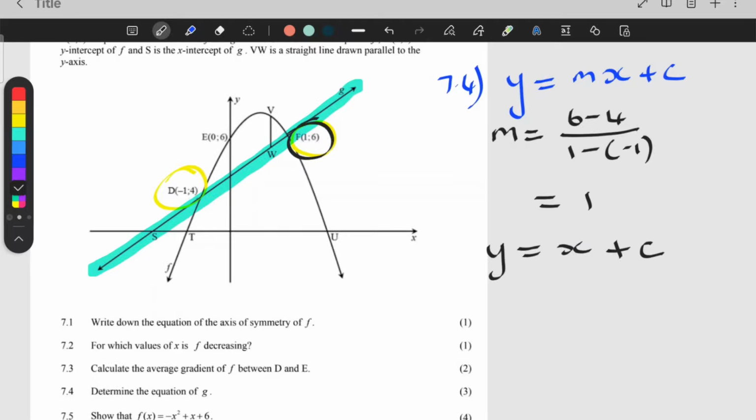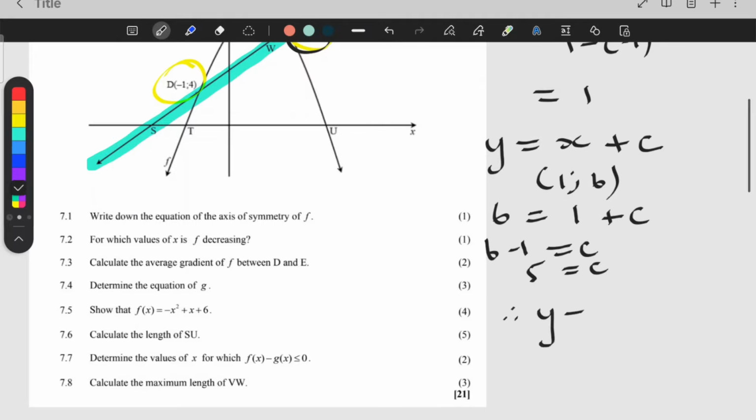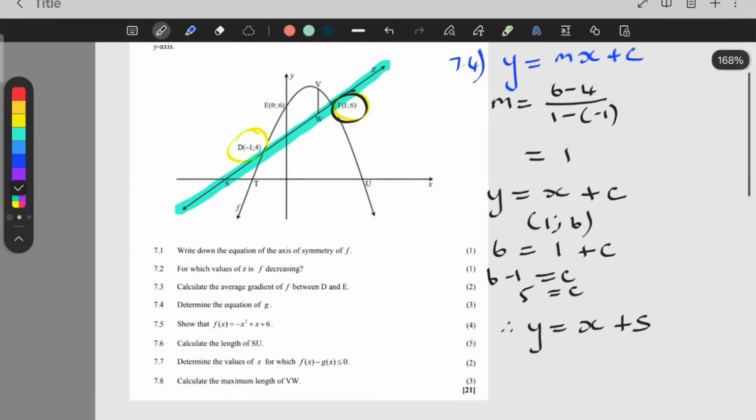I can use any point. I'm going to use 1 and 6. So y is 6, x is 1, plus c: 6 minus 1, c is 5. So therefore the equation of the straight line is y is equal to 1x, remember we worked out, plus 5. And that is the equation of the straight line.